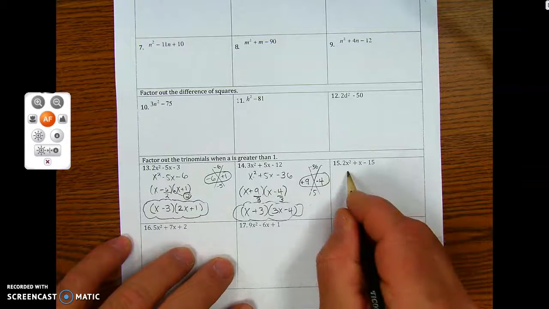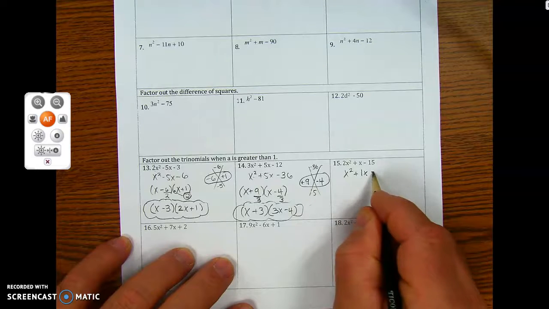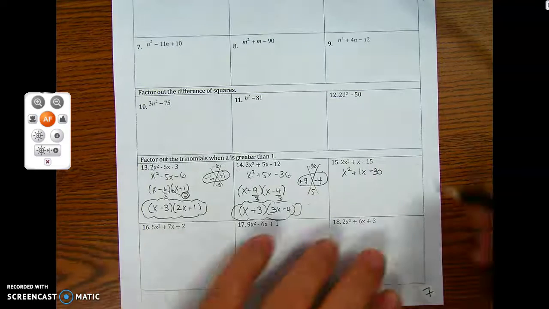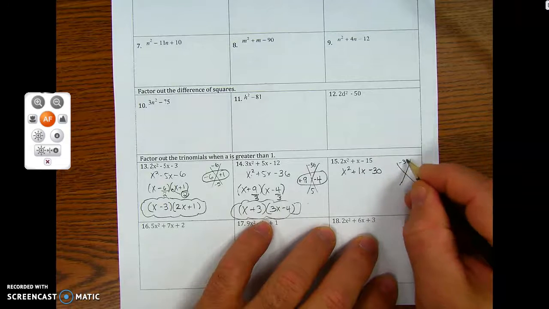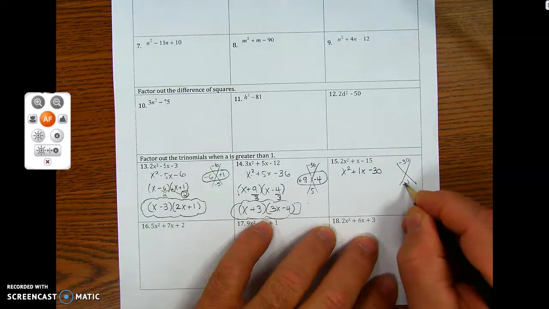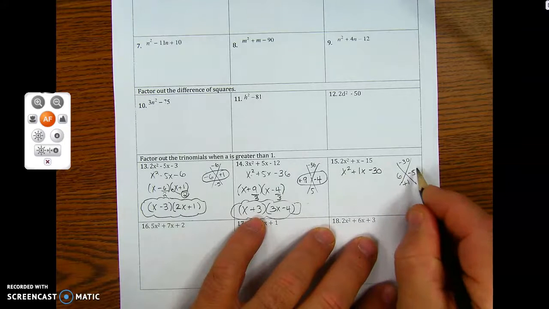2 times 15, so x squared plus 1x minus 30. -30, +1. So that's going to be 6 and -5.